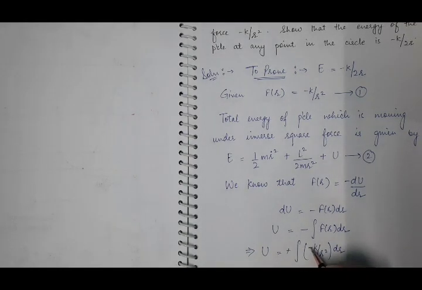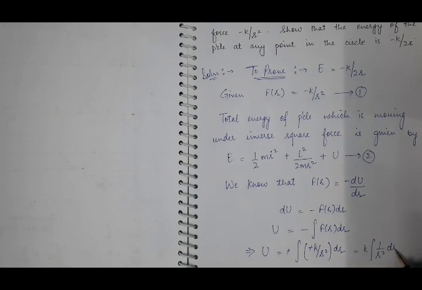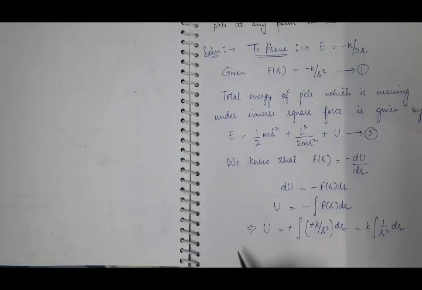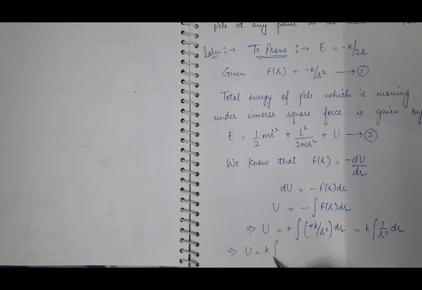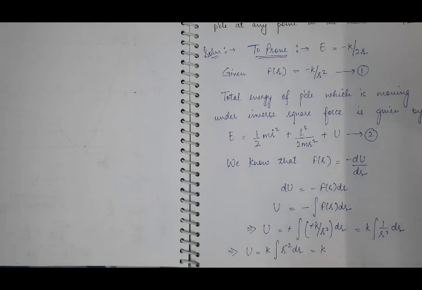So this minus and minus, it will be plus. K is constant, so take it outside the bracket and we have 1 by r square dr. Perform its integration. It will be U is equal to k integration of 1 by r square, means r raised to power minus 2, dr. And what is the formula for integration?